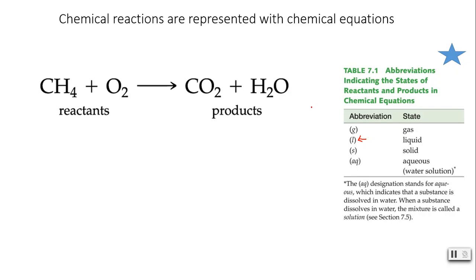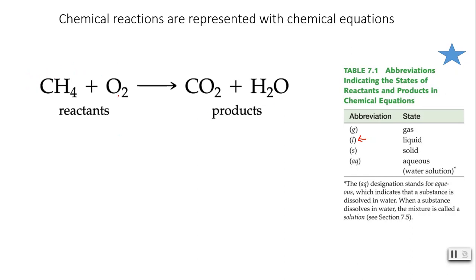If I have something dissolved in that water, for example, sodium chloride, then we would say that sodium chloride is aqueous. Okay. So know these four abbreviations and be able to identify the state associated with them when they are listed in a chemical equation.